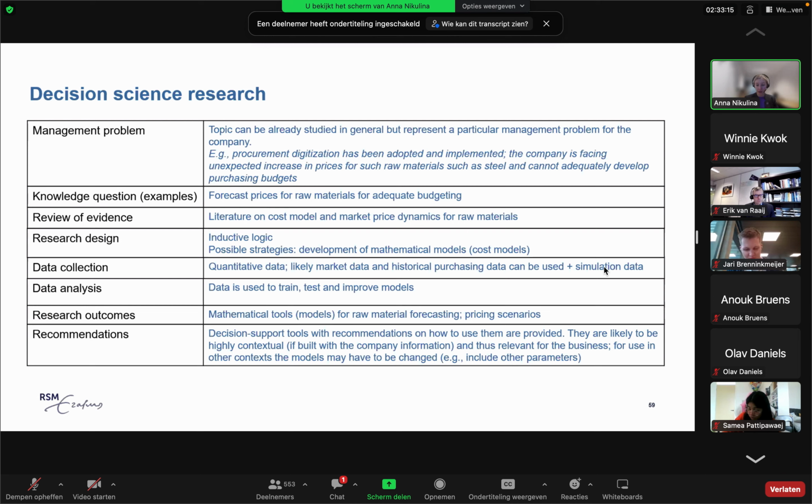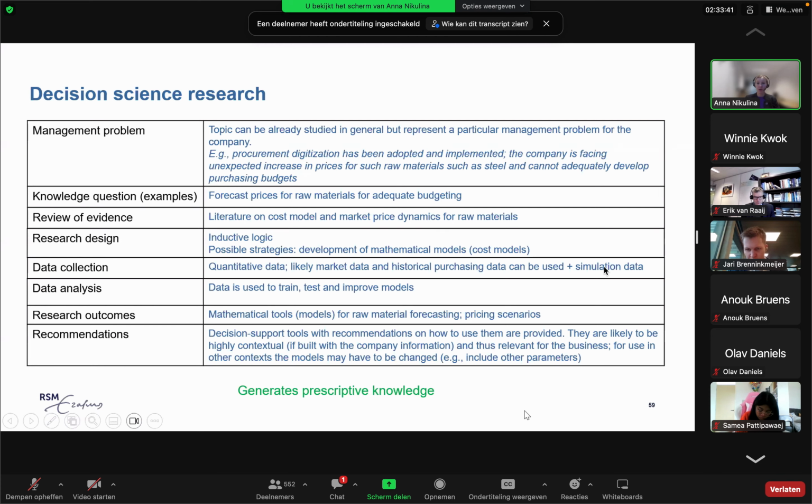But for other contexts, you need to think about how this applies, because every organization will have different parameters, constraints, or design requirements in such processes. So again, very contextual, very specific, and this is definitely prescriptive knowledge. If you do certain things, this is the output that you should have at the end. So that's the logic of decision science.